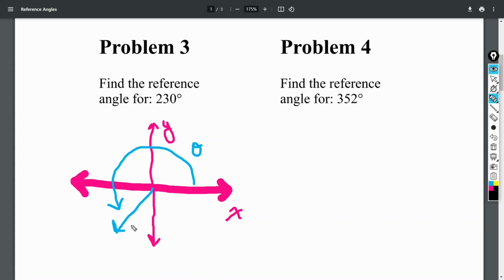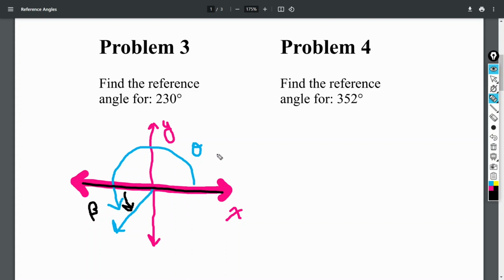And then this smaller angle here, that's going to be our beta. So in this case, to find the reference angle, we have to take this angle theta, and then subtract off this 180 degrees here.